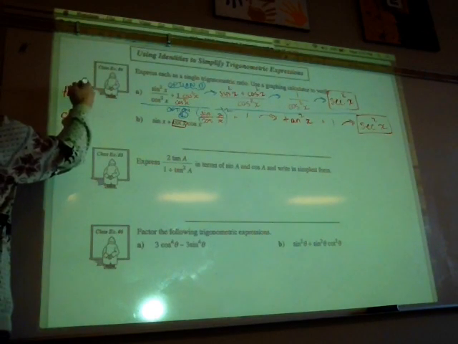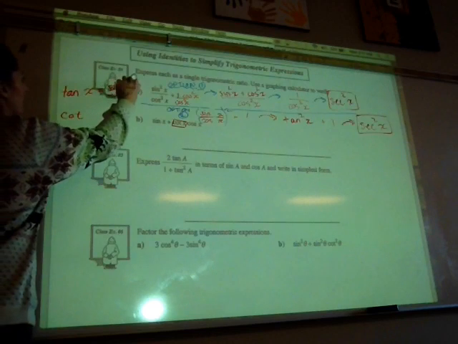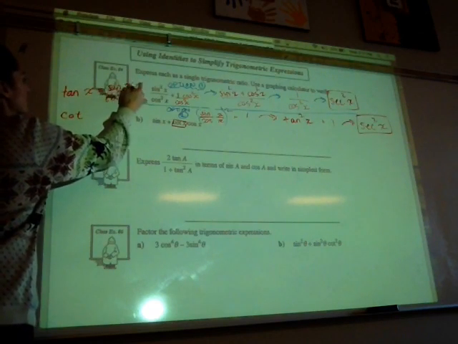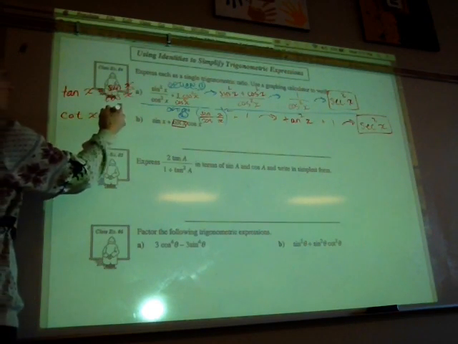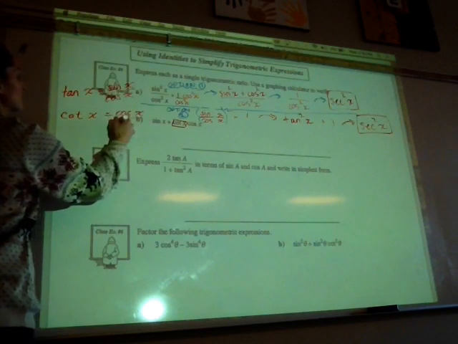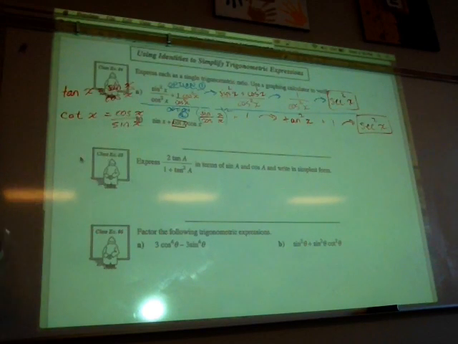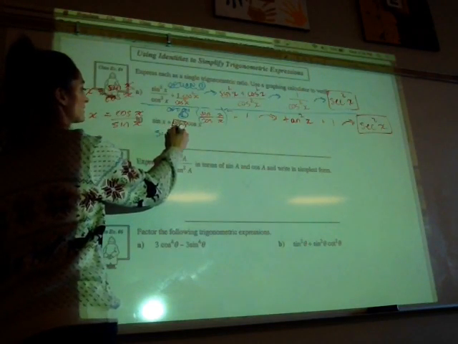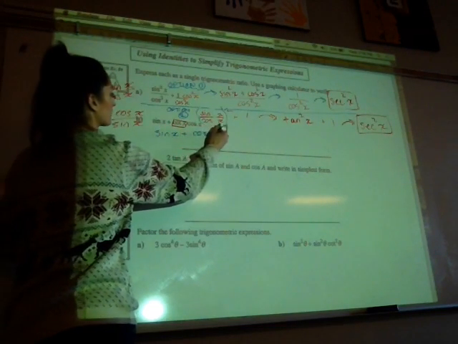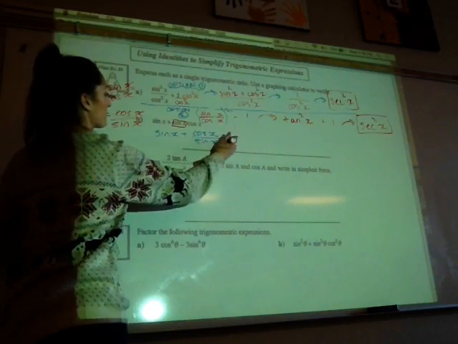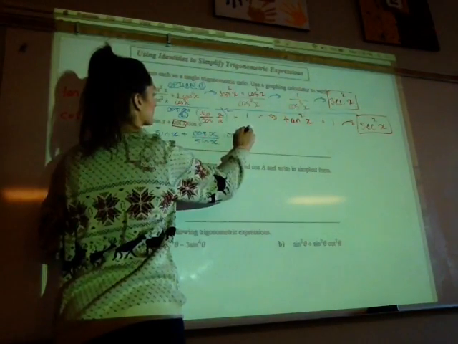Well, we know tan x equals sine x over cosine x. So its reciprocal, cotangent, would be cosine x over sine x. So we're going to apply that in this example. We have sine x plus cosine x over sine x times cosine x.